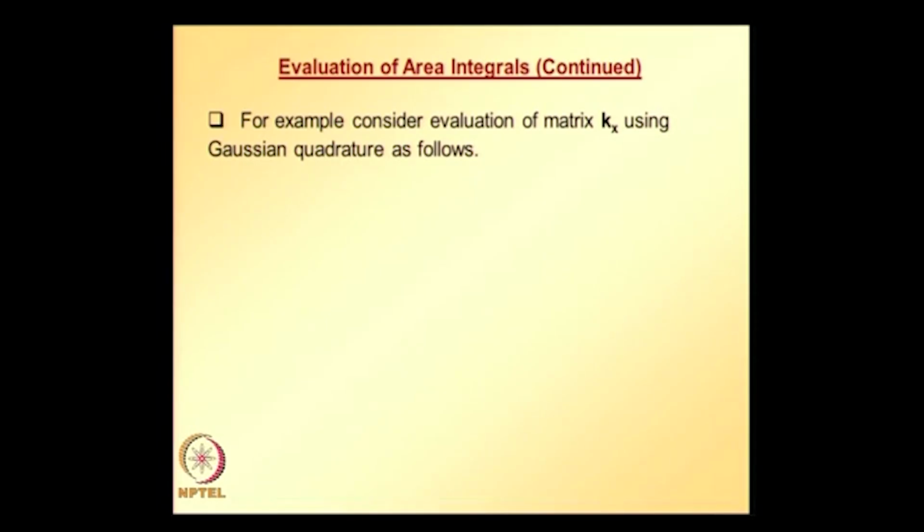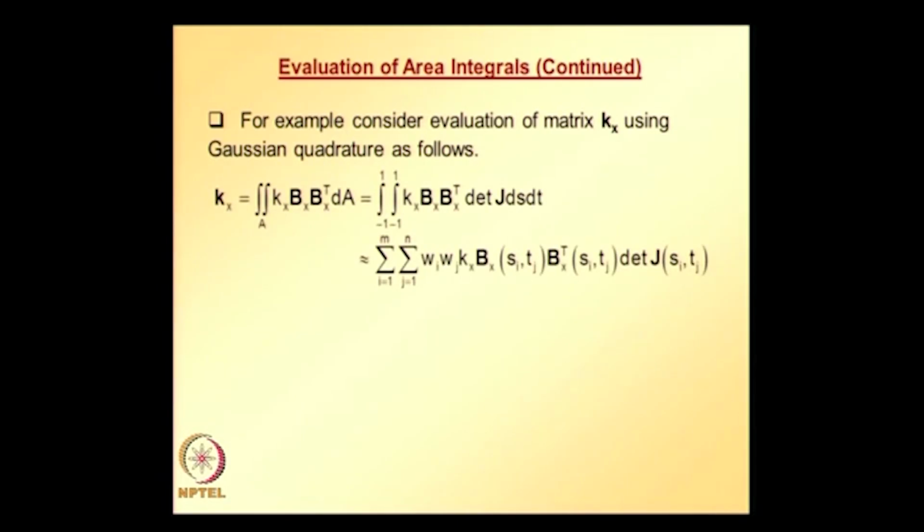For example, consider evaluation of matrix Kx using Gaussian quadrature. So, this is how Kx matrix is defined, integral over area of Bx transpose times kx times Bx.